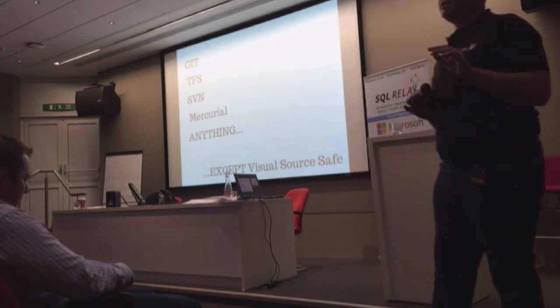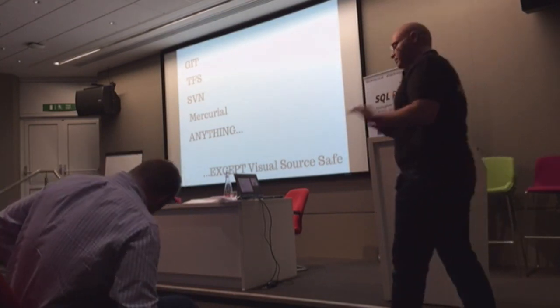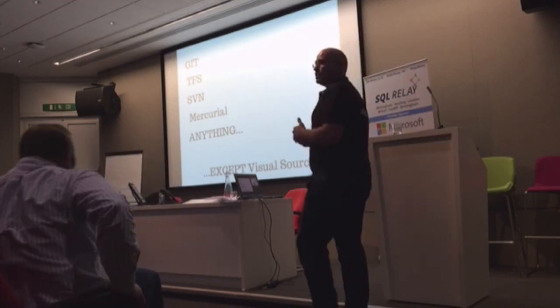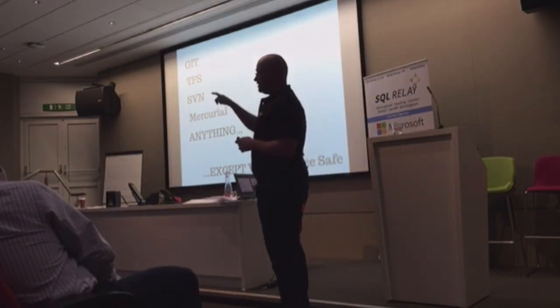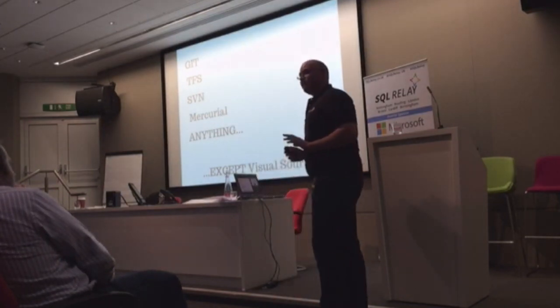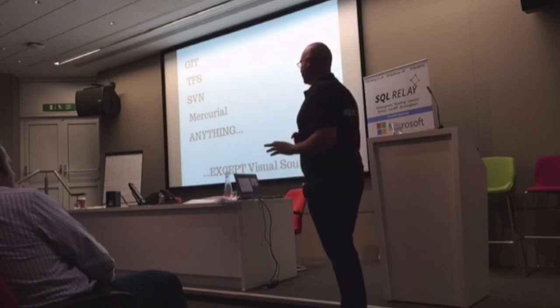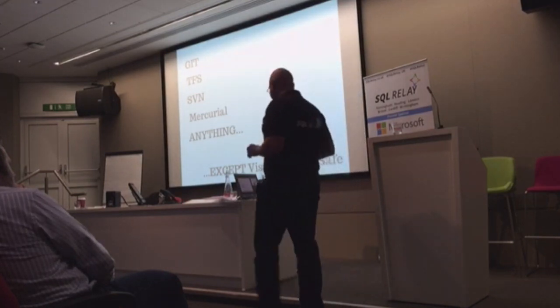Has anyone seen a change history that's completely 100% accurate? It just doesn't happen. So stop doing that, start trusting your source control and saying, you know what, this stored procedure's changed, and I can tell you when it was changed and who changed it. I might not necessarily know why it was changed, but I know a lot more than I know from a stored procedure header.